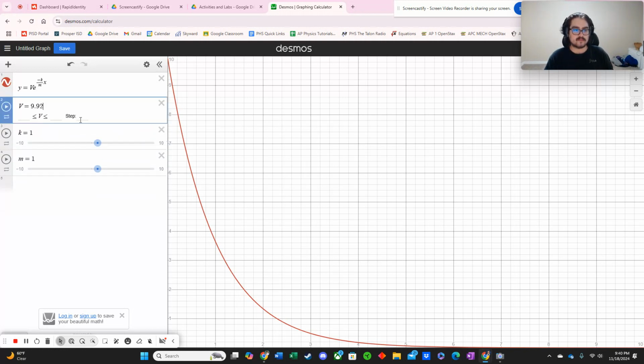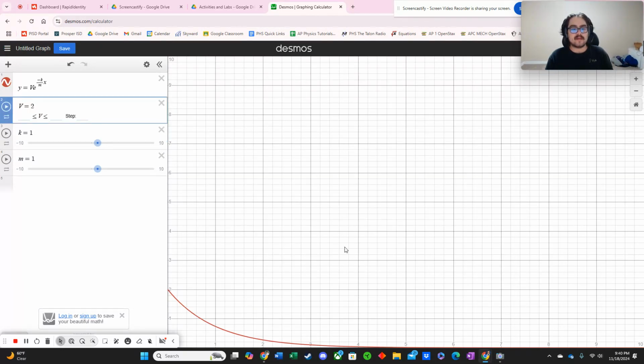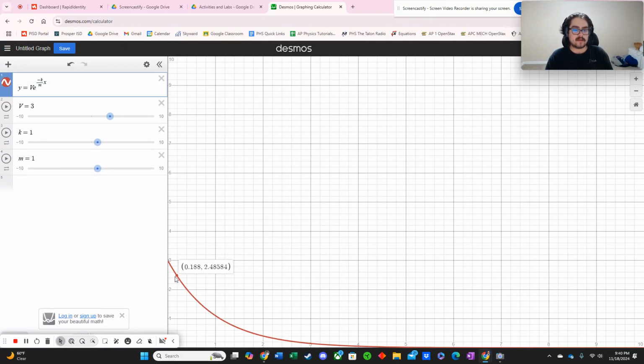I'm not very good with the keyboard, clearly. If I make this a value like 2, then you're going to see that my intercept is 2. Do you see that right there? My intercept is 2. If I make this 3, you're going to see my intercept is also 3. So that constant is really determining my intercept of the function.